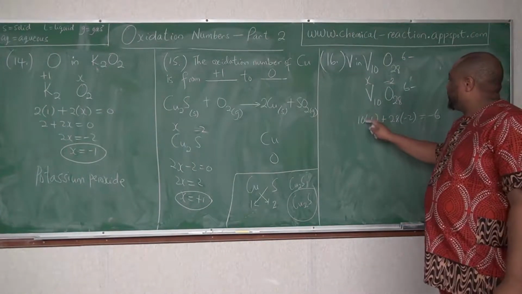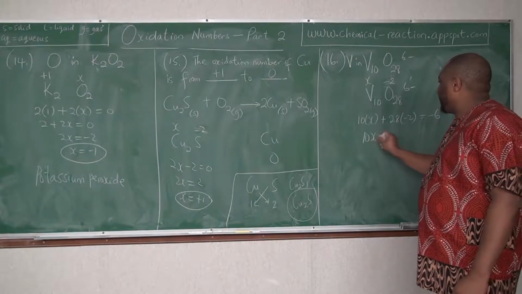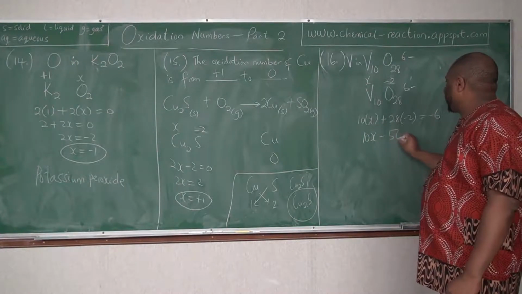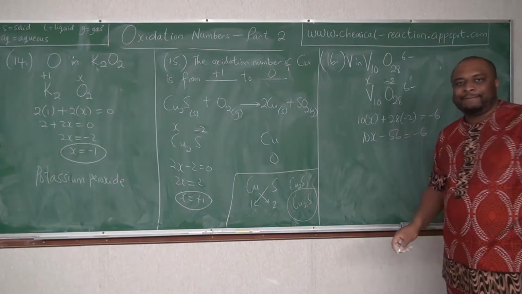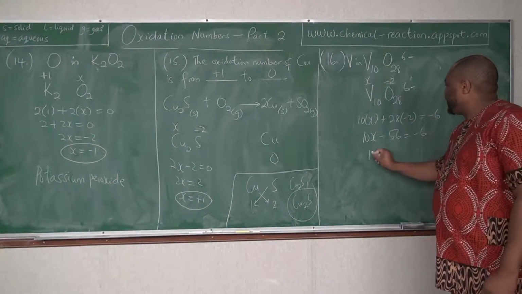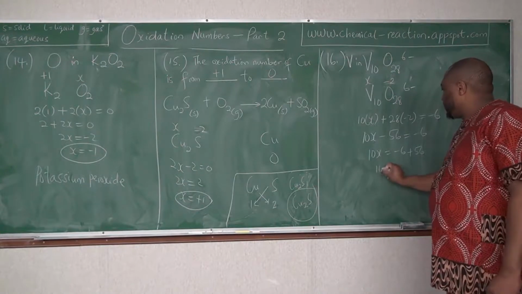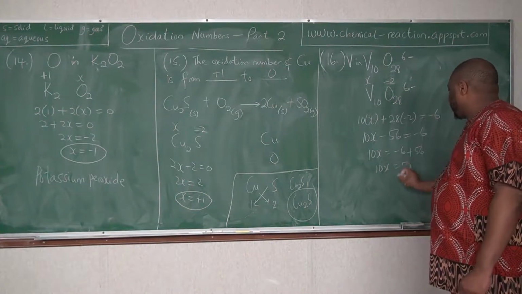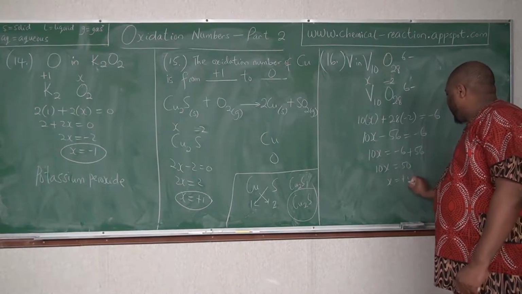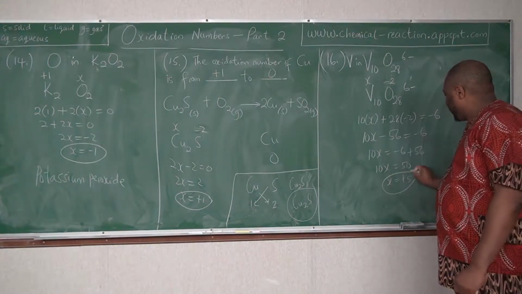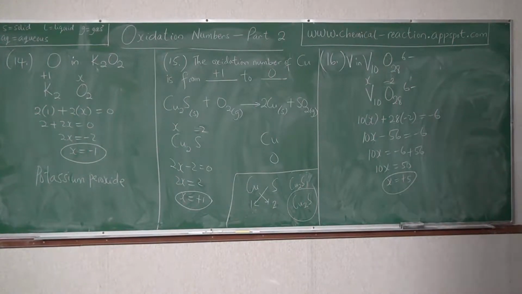So 10x minus 56 is equal to minus 6. 10x is minus 6 plus 56, so 10x is 50. X is plus 5.